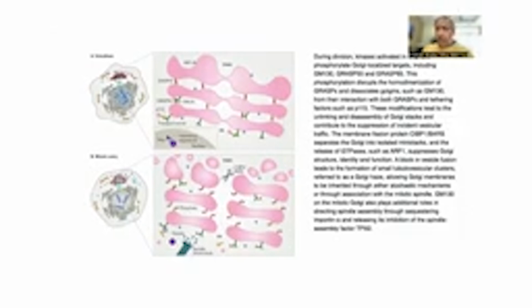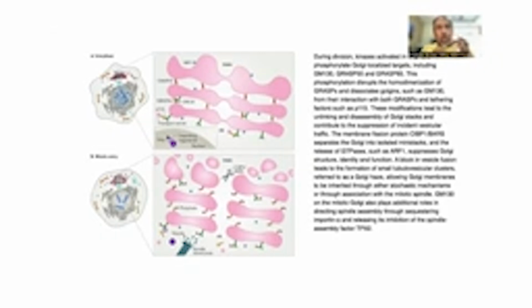Along with the ER and the nucleus, we also see that the Golgi undergoes very rapid change in its architecture. During division, kinases activated in the M phase phosphorylate, again, Golgi localized targets, including GM130, GRASP55, GRASP65.